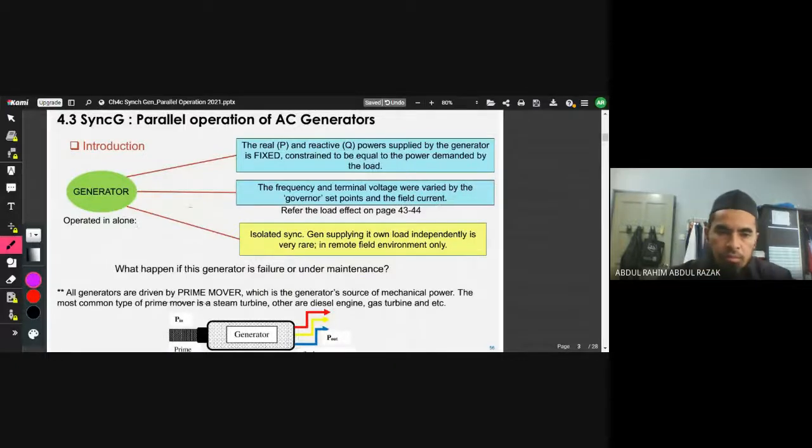When it works alone, the real power and reactive power supplied by the generator will be fixed. So if we have, say, a 1000 kVA generator, it is rated in terms of volt-ampere, because it has a lagging or leading power factor.